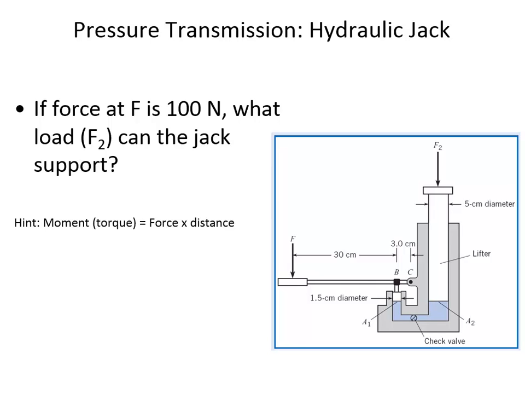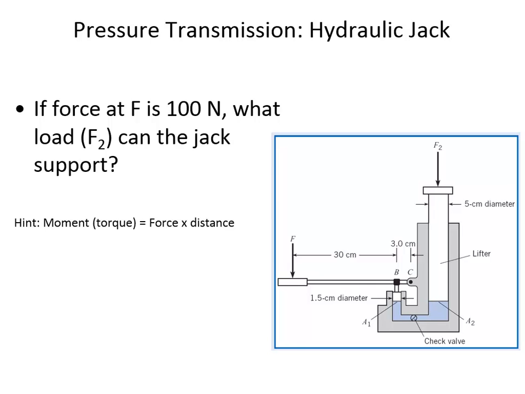So what's the pressure of oil inside of this hydraulic jack? We can find the pressure of oil inside the hydraulic jack if we calculate the area that that force is being applied to, because we've got this little device that is pressing down with FB.